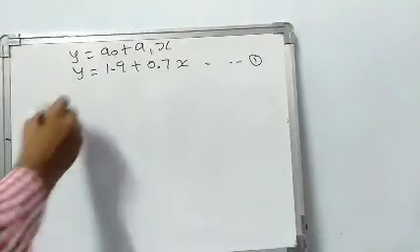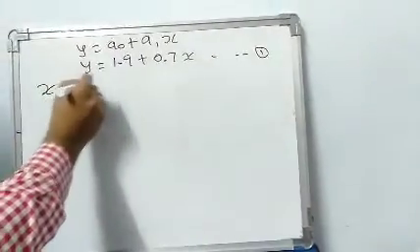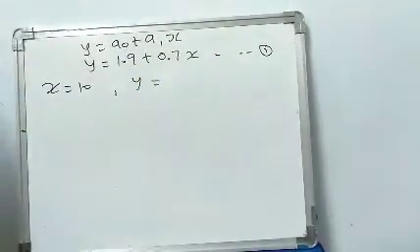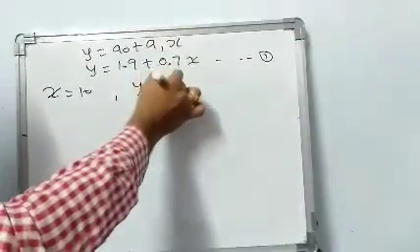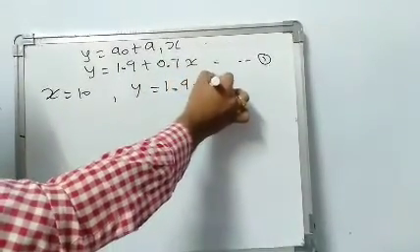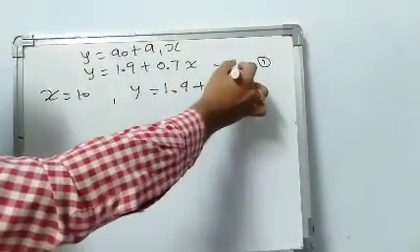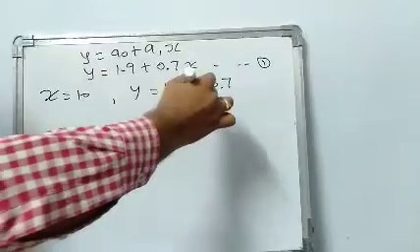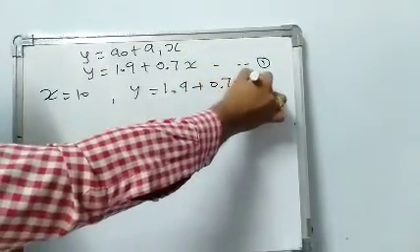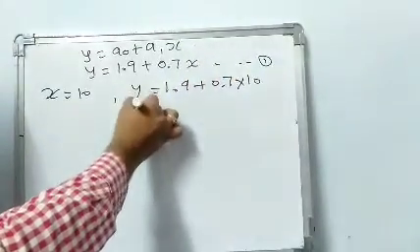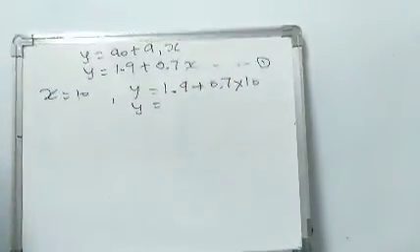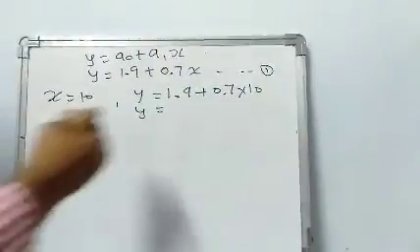So if x is equal to 10, then y is 1.9 plus 0.7 into 10. So we get the value of y as 8.9.